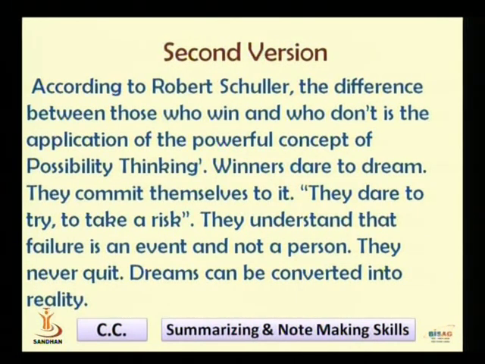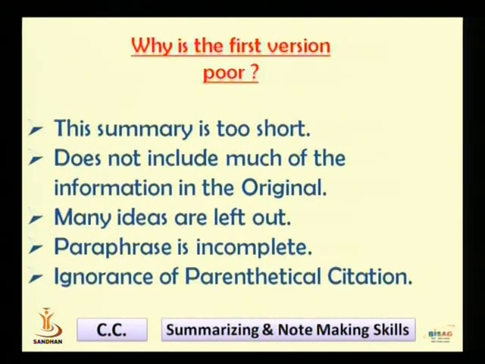They understand that failure is an event and not a person. They never quit. Their dreams can be converted into reality. So I guess my students have understood and comprehended the difference between the first version and the second version.